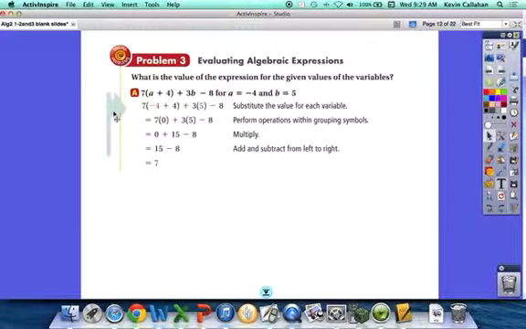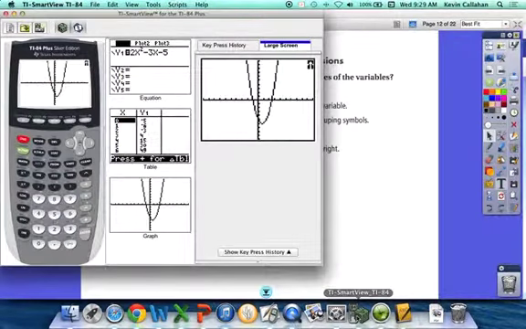So the first thing we want to do is we want to store values for A and B. So you should have your calculator out, and this is what it looks like. I've got an emulator up here too. First, here's something for you to know, because I don't want you going through the whole class not knowing some very basic stuff about the calculator. How do you clear the memory of the calculator?